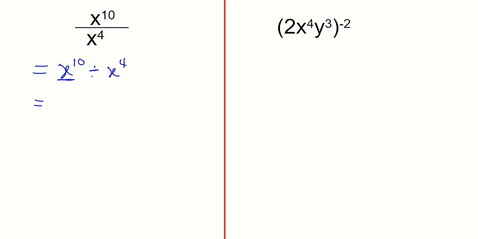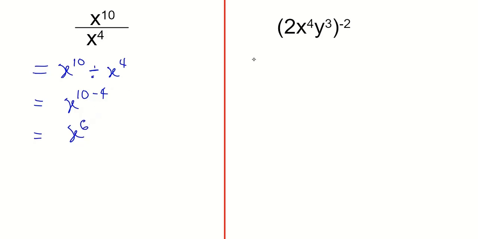So with that in mind, we are going to have x as the base and 10 minus 4 as the exponent. So we continue and we have x exponent 10 minus 4, which is x exponent 6.